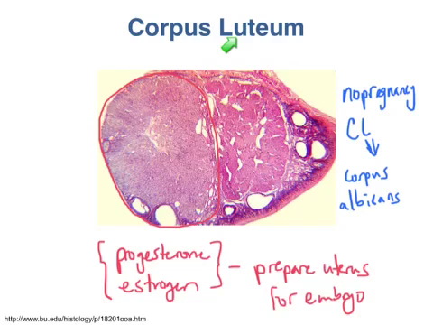If there is pregnancy, the corpus luteum continues secreting hormones throughout the first trimester, basically until the placenta takes over. If you remember from the previous video, the reproductive anatomy video, we talked about how the placenta isn't fully formed until about 10 to 12 weeks after conception.